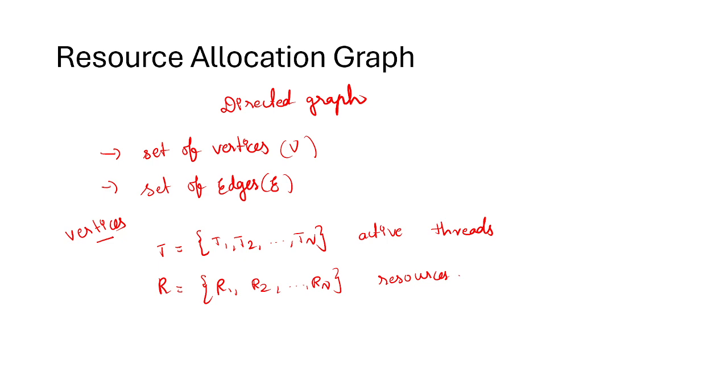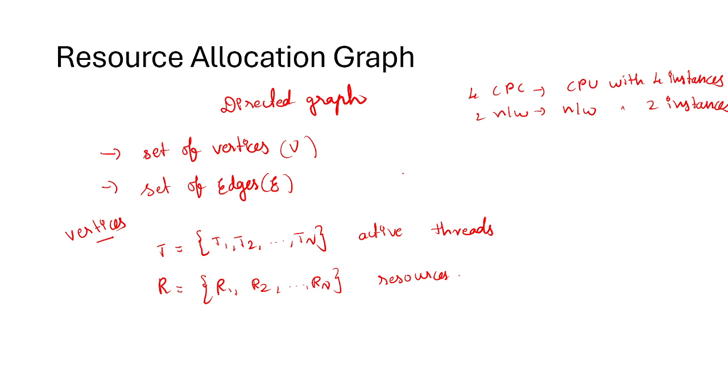You also need to consider instances. For example, if we have four CPUs, you have to mention the CPU with four instances. If we have two networks in a system, the network with two instances. This is how you have to mention the resources.